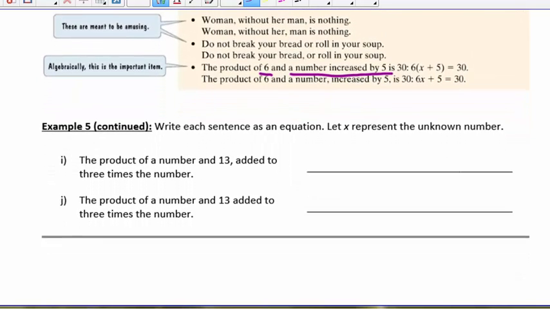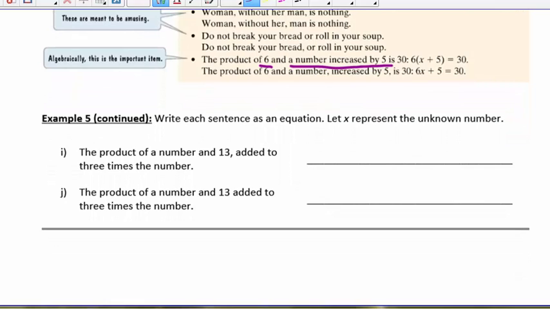So here are two identical sentences, one with a comma, one without a comma, and we'll get these properly translated. The product of a number and 13, stop. So the product of a number and 13 would be 13 times x, added to 3 times the number.